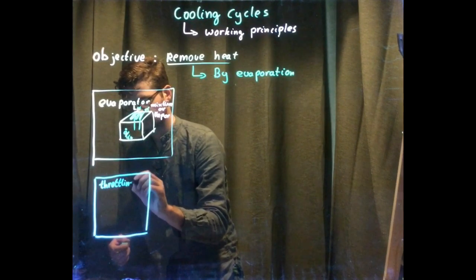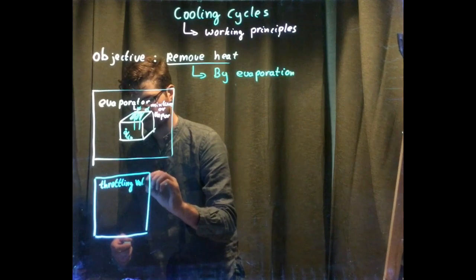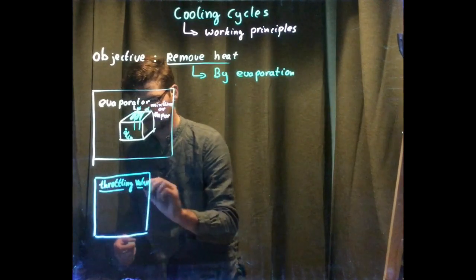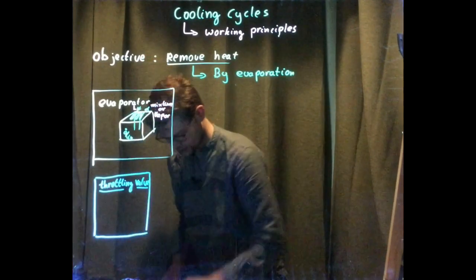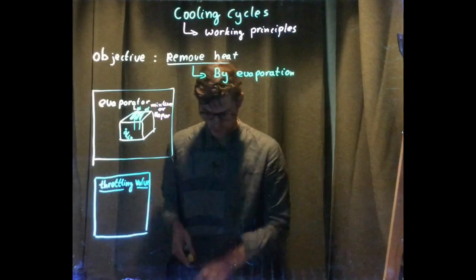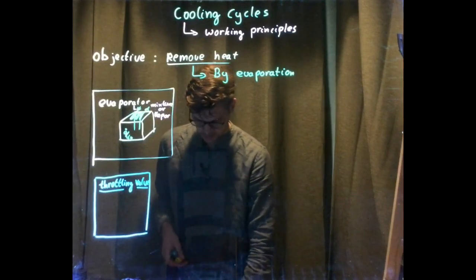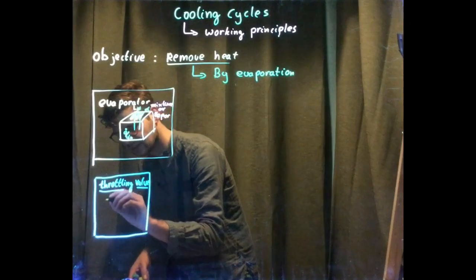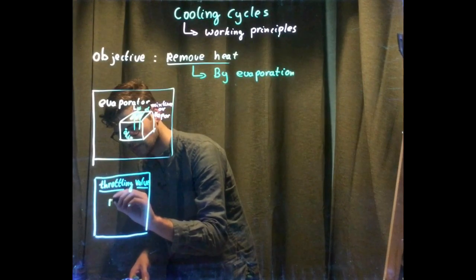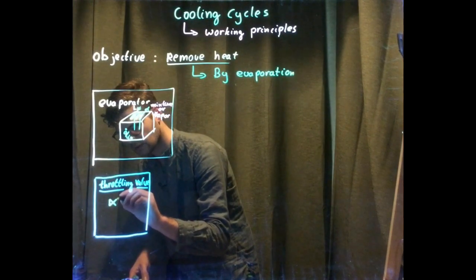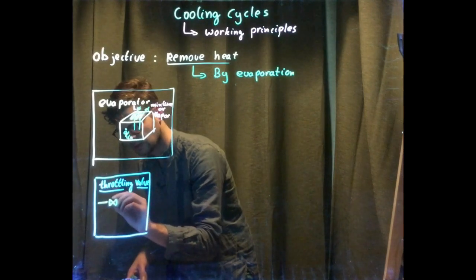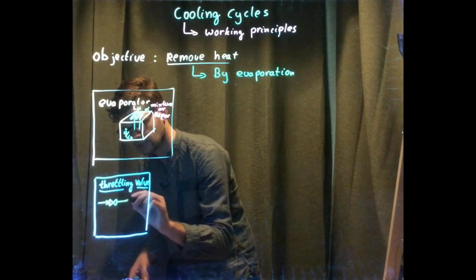The throttling valve. As you may remember from one of the first lectures, the throttling valve looks like this. Flow goes in, flow goes out.